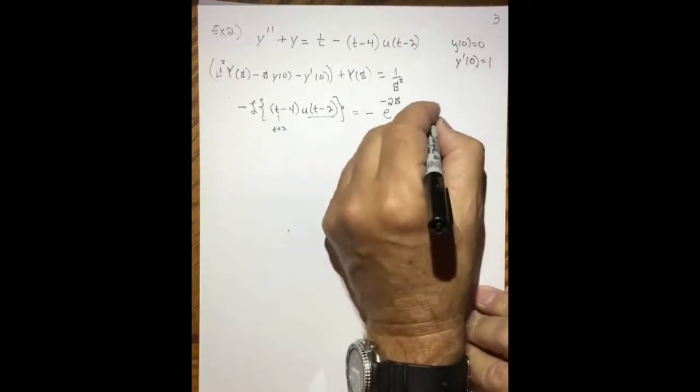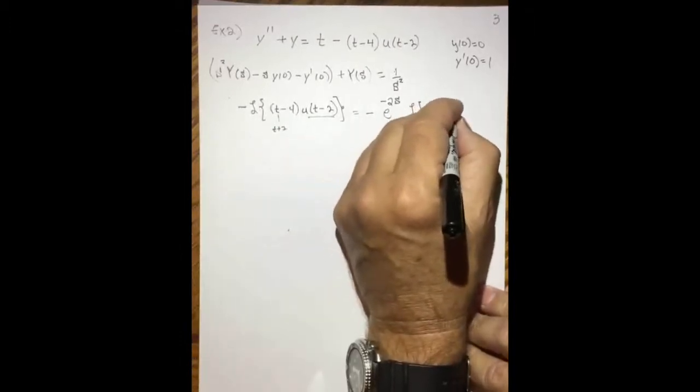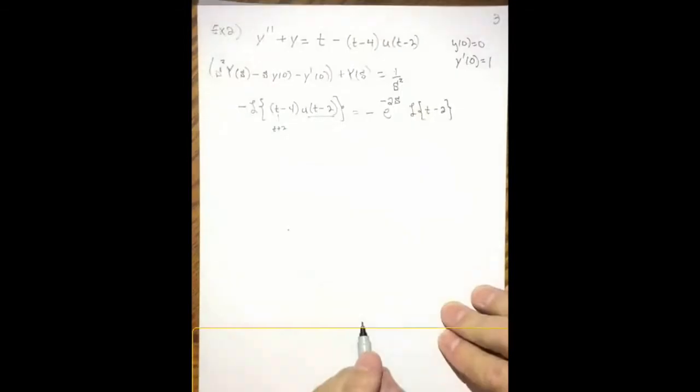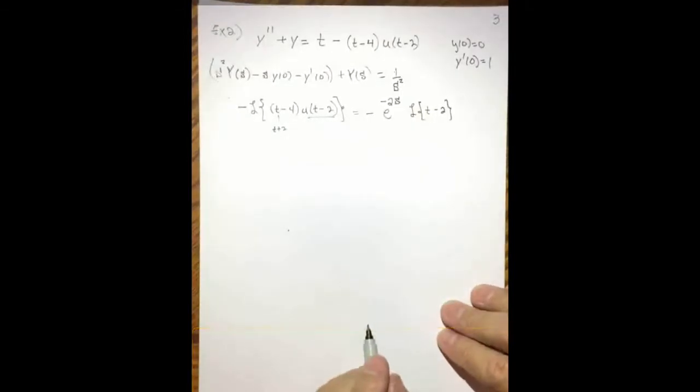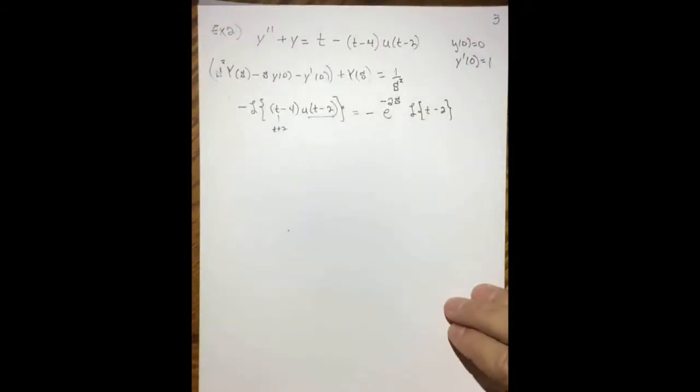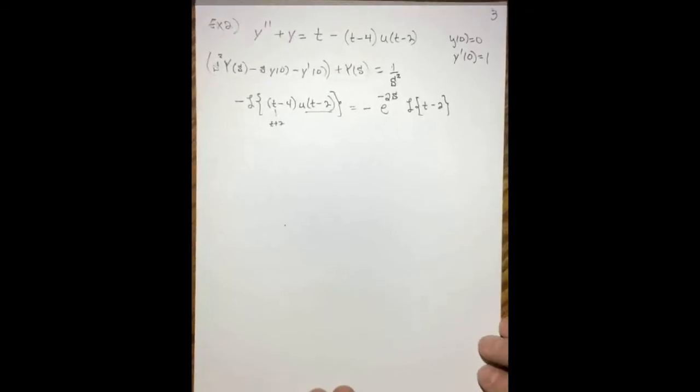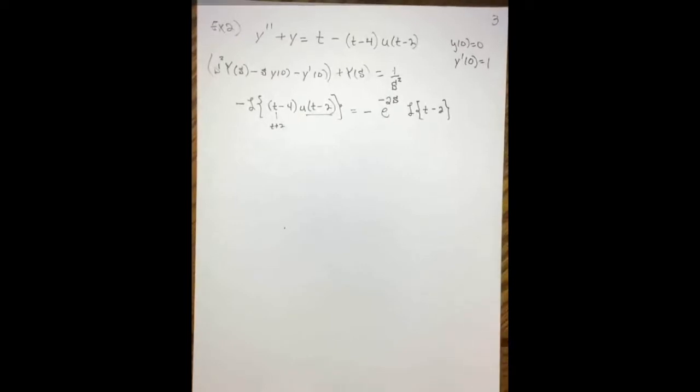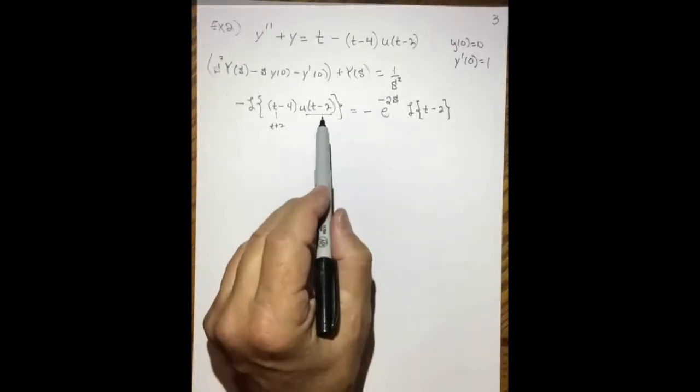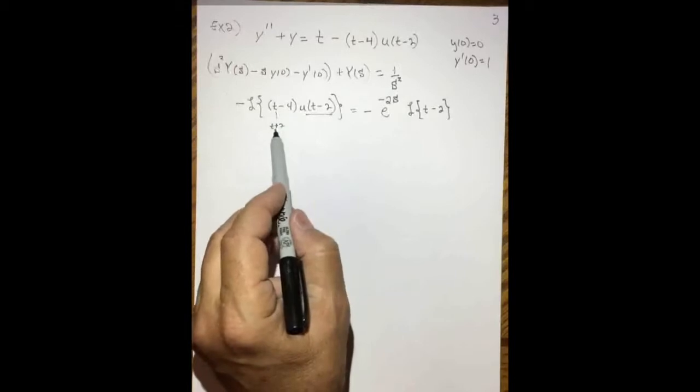So I need to take the Laplace transform of t minus 2. So I have to obey that theorem earlier. You can't get around that theorem. That theorem has to hold in every problem. So when the arguments disagree, we simply replace t with t plus 2.